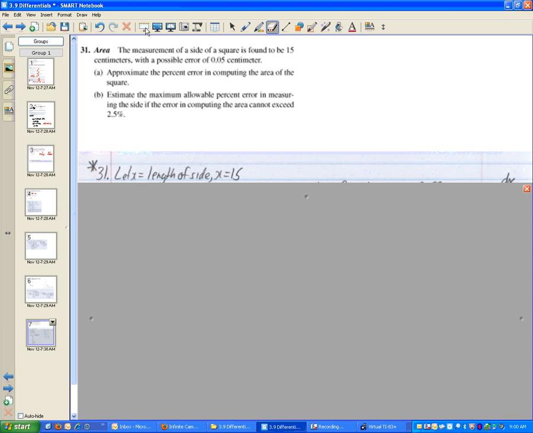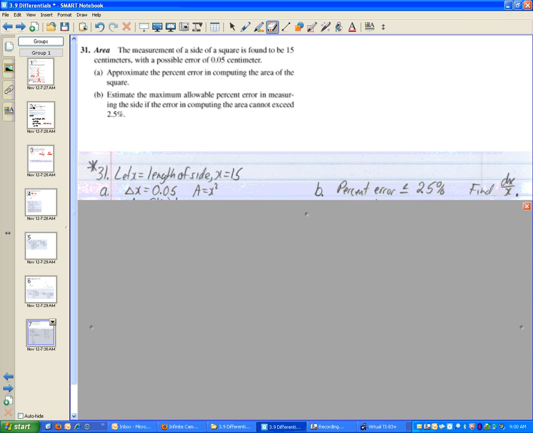Now, when they tell us that the possible error is 0.05, what are they telling us? Are they telling us delta Y, dy, delta X, or dx? They're telling us delta X and dx. Use whichever notation you want. Delta X is what we've been using. And I know that if it's a square, its area is X squared.